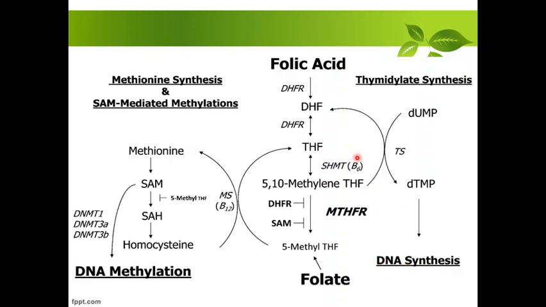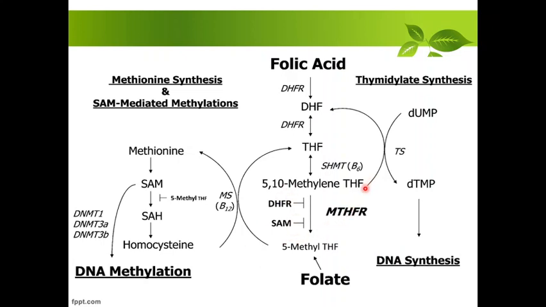Right? Here you can see 5,10 methylene tetrahydrofolate. It is converted to dihydrofolate, and when it is converted to dihydrofolate, it combines with dUMP and it is converted to thymidine monophosphate, and this thymidine monophosphate is required for DNA synthesis. Right? So what happens?